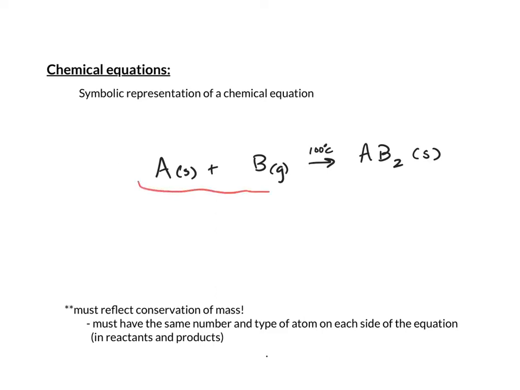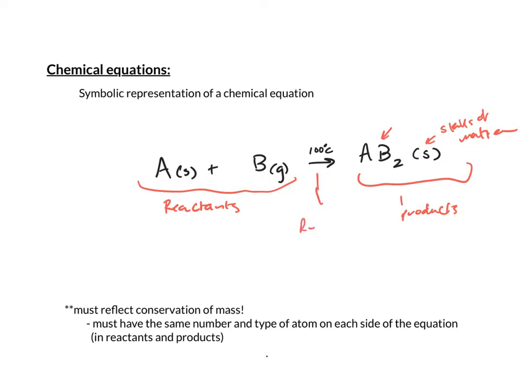Remember, the things that are written on this side of the chemical equation are our reactants. The things that are written on this side of our equation are our products, right? We have the formulas for each. We have states of matter. And on or around above the arrow, here's where we can write reaction conditions.